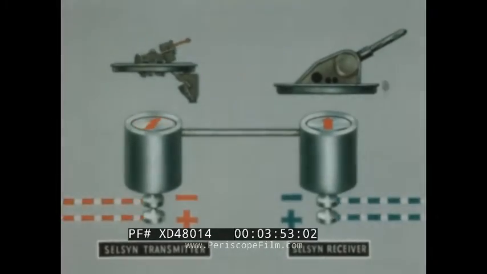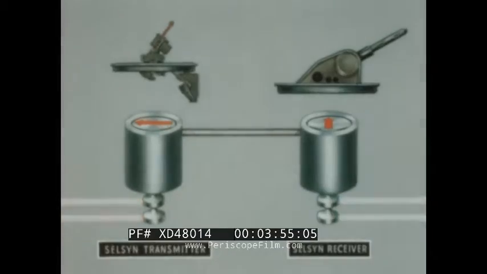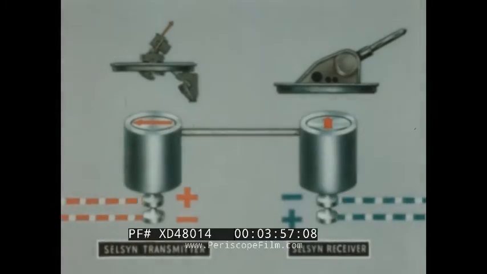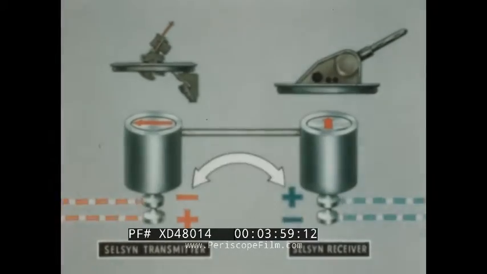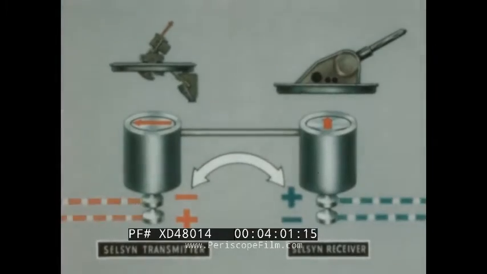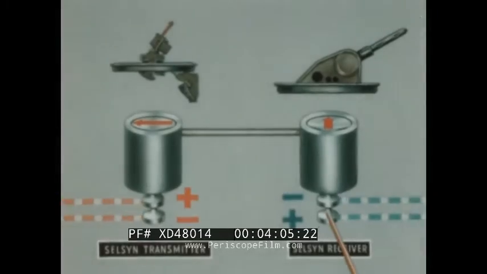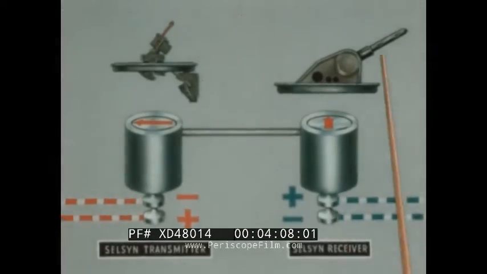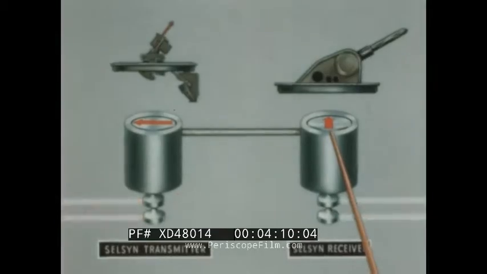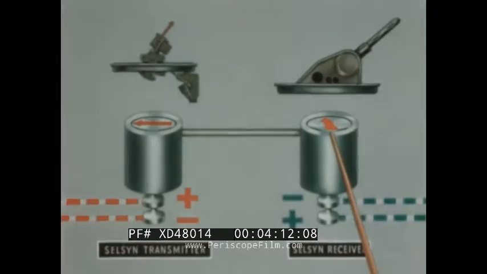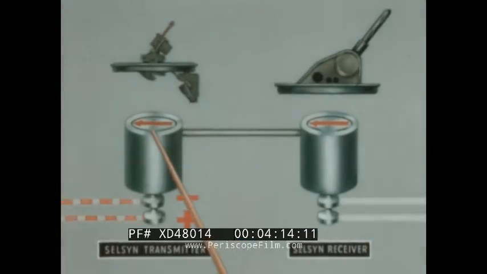If the sight is pointed above the guns, the relation of these polarities to each other changes. Note these polarities. The signal from the receiver ultimately causes the guns and Selsyn receiver to be driven into alignment with the sight and Selsyn transmitter.